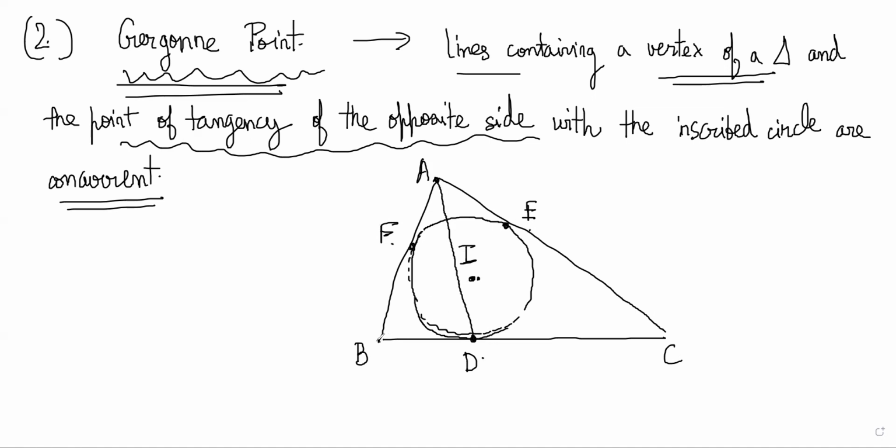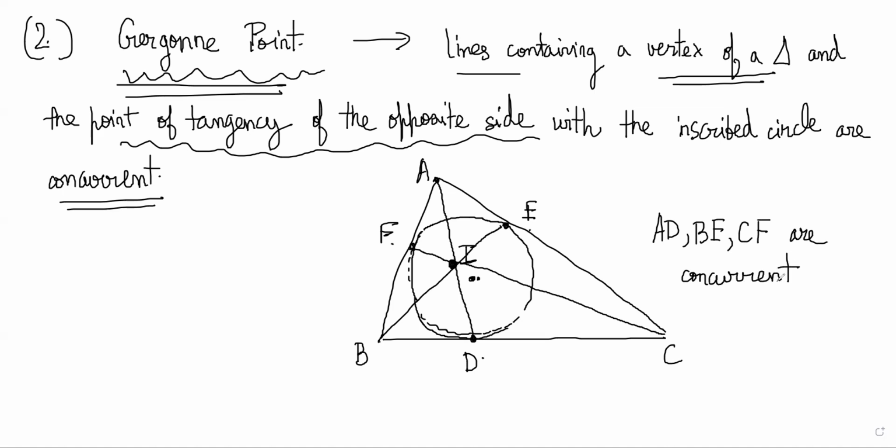Similarly B with E. So BE. And similarly C with F. CF. And I have to prove that these three lines AD, BE, CF, which are Cevians, are concurrent at a point.